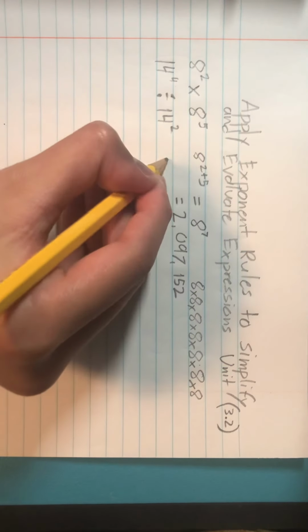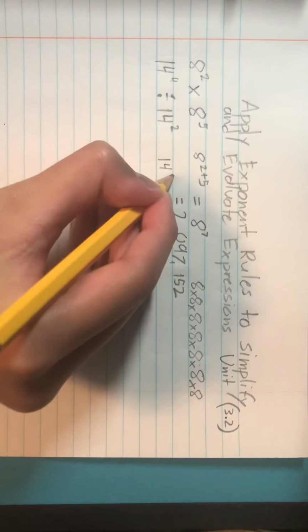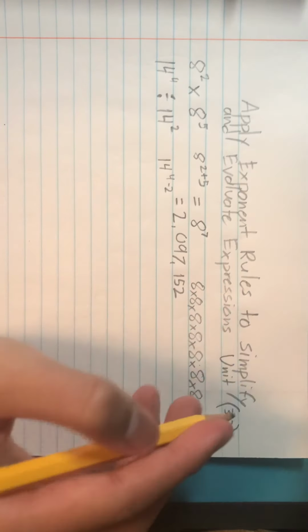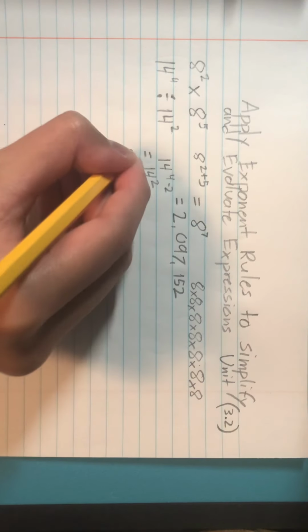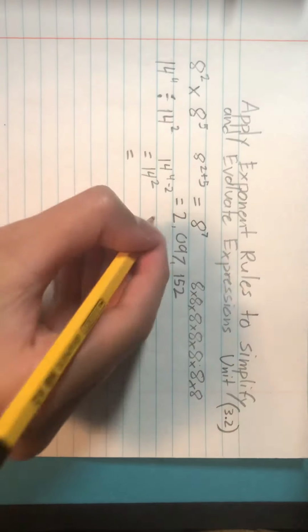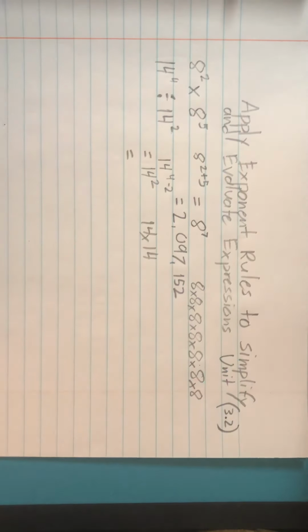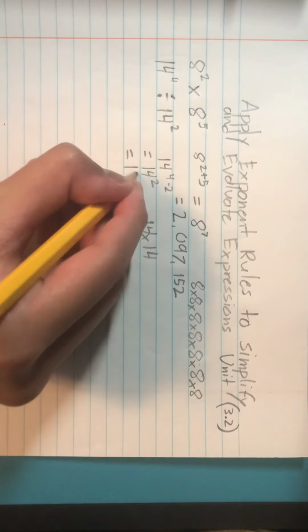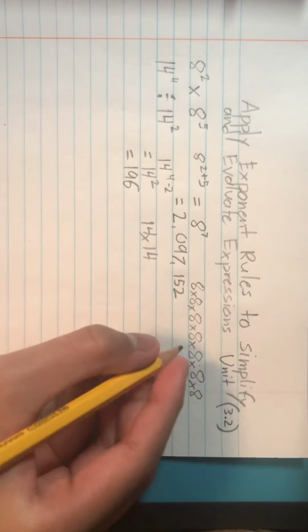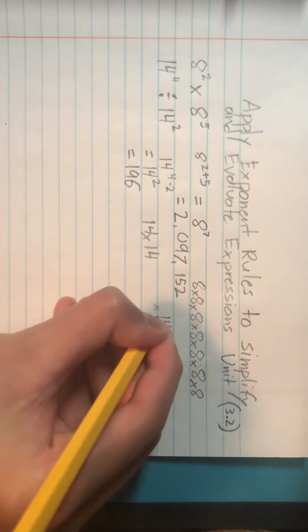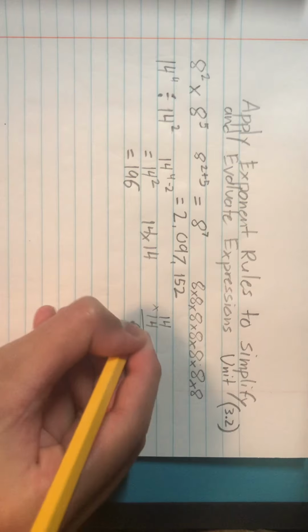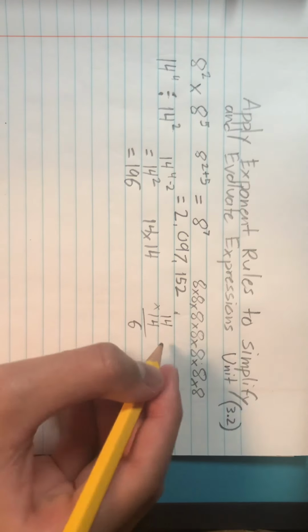So we would do 14 to the 4 minus 2 for the exponents, and simplifying it would be 14 squared. And then evaluating it, it would be 14 times 14. So the answer here would be 196. I did it in a calculator, but you could use your own method, like multiplying it yourself. But I did it in a calculator, so it's faster.